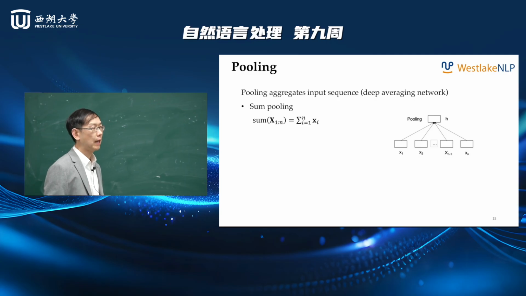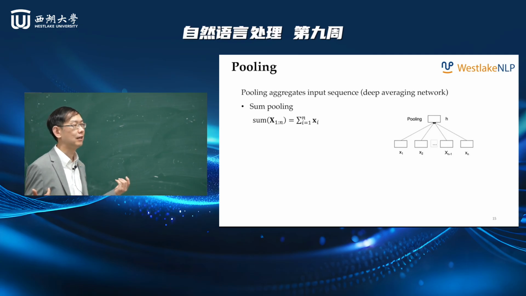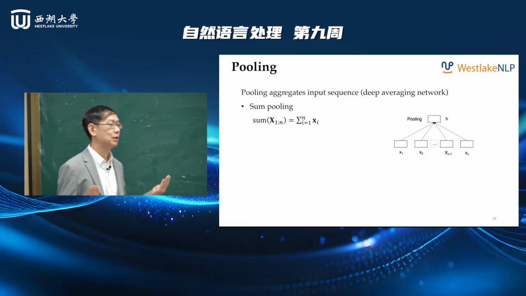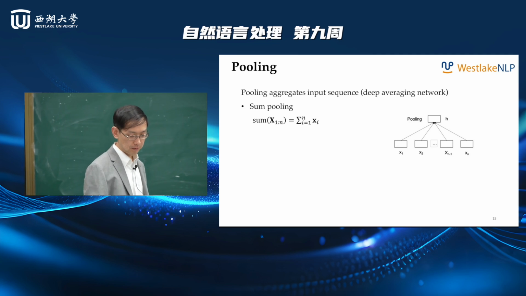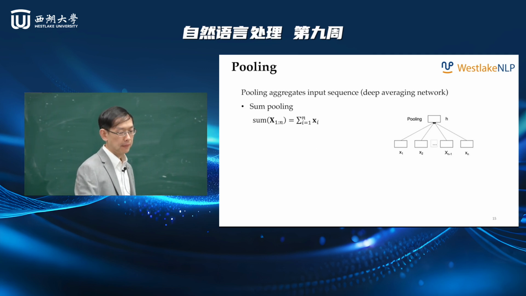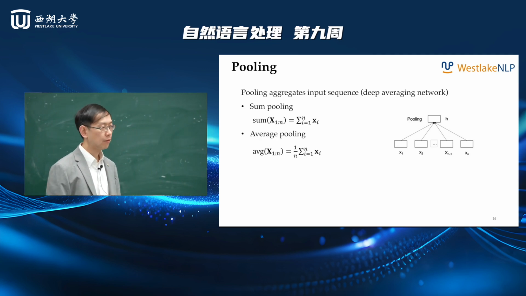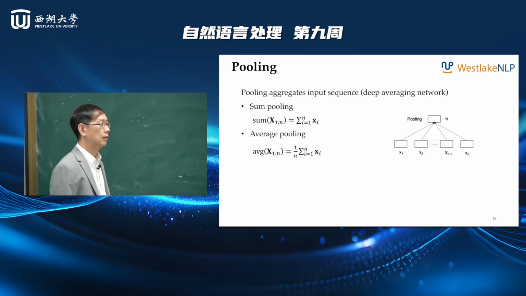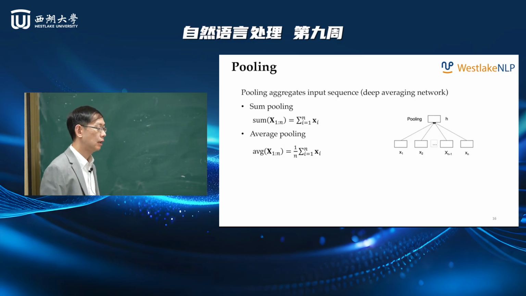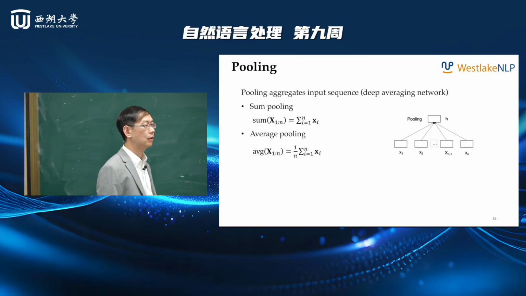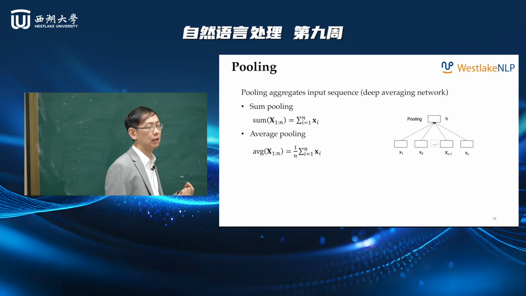Okay, every word embedding must be of the same size. If one is 768, the others must be 768. If one is 50, the others must be 50. So you can sum them up together. The second is average pooling. For sum pooling, you will find that if the sequence is longer, then every element in my hidden layer will be larger maybe.